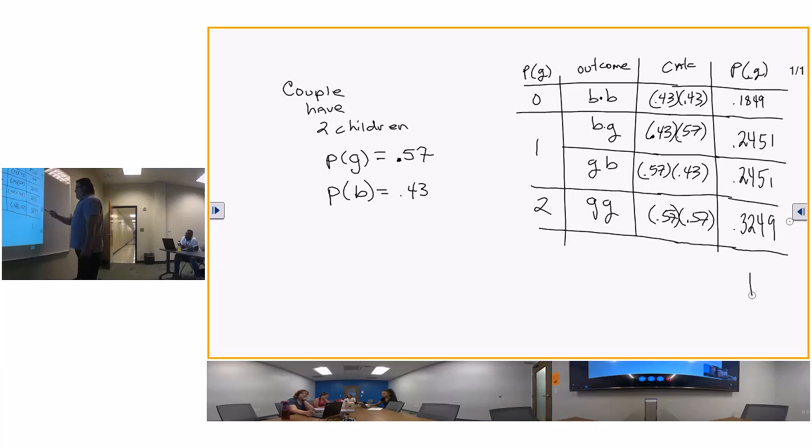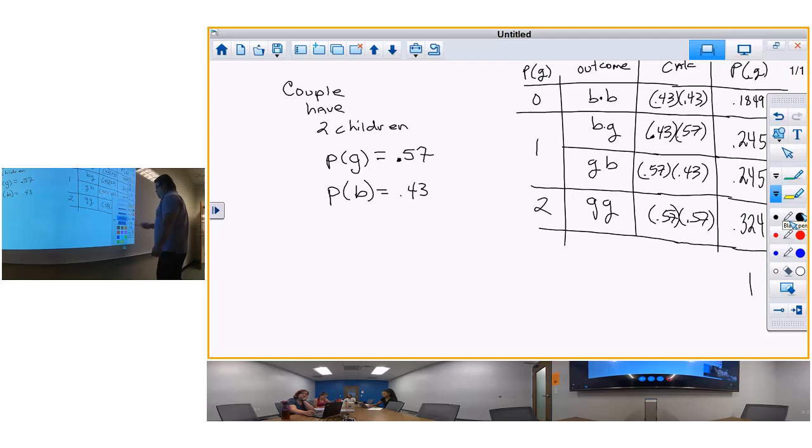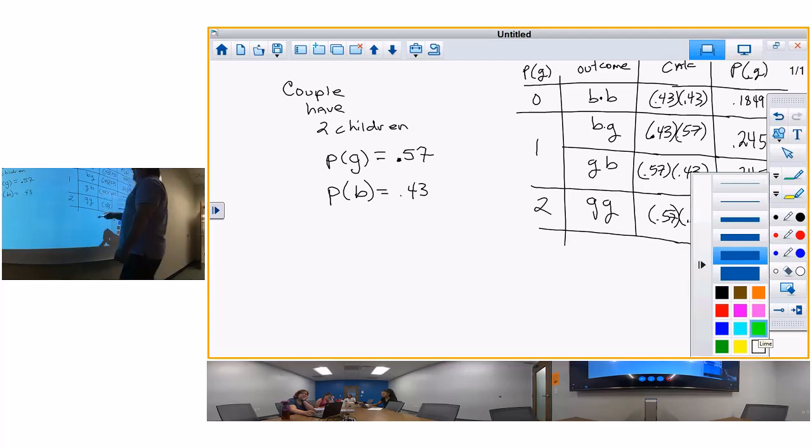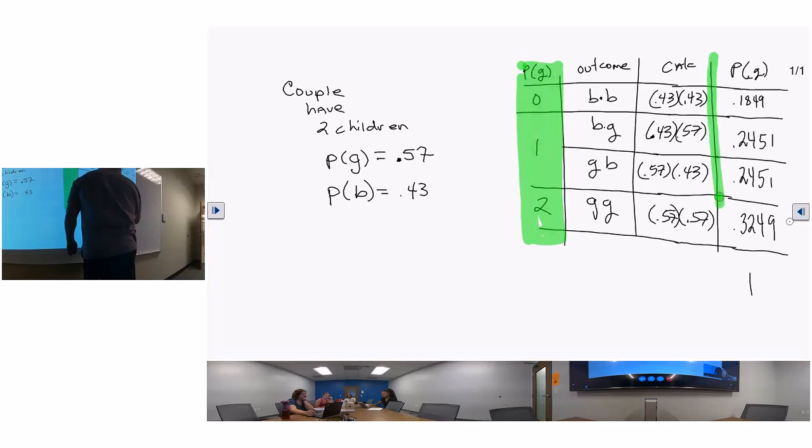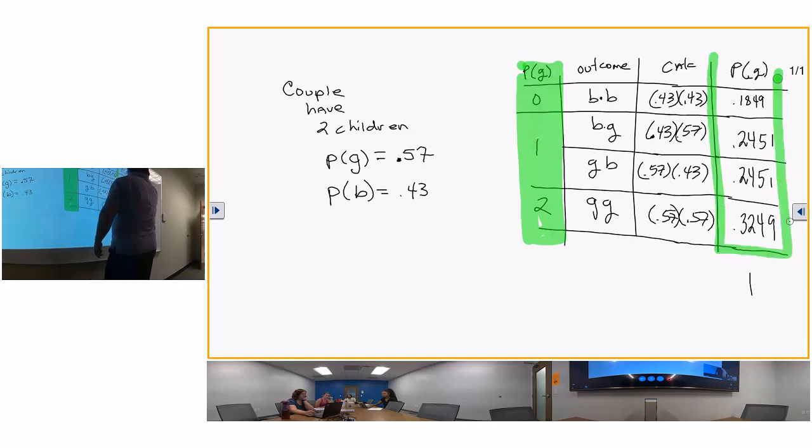Now I'm going to take my handy dandy green highlighter and highlight this column and this column, because on a probability distribution, what do you see? These two columns.